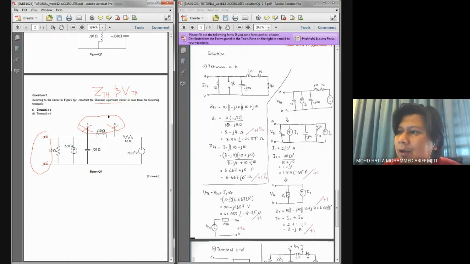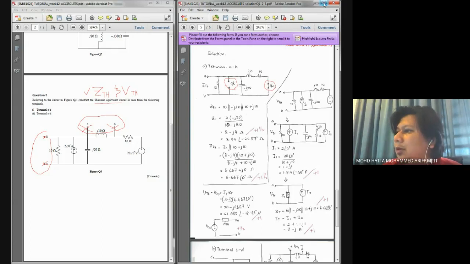In order to calculate ZTH, all sources in the circuit should be treated as zero value. So in the first part, terminals A and B, this current source we treat as an open circuit, and this voltage source we treat as a short circuit element.